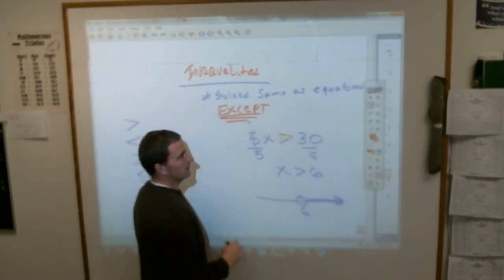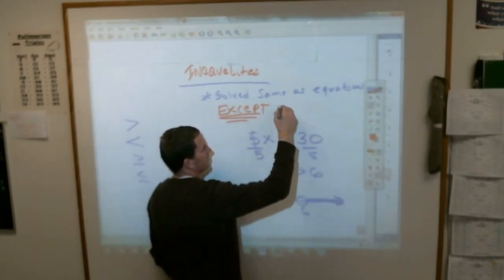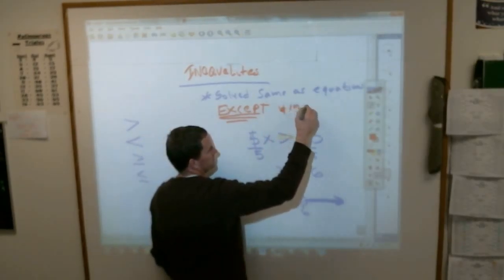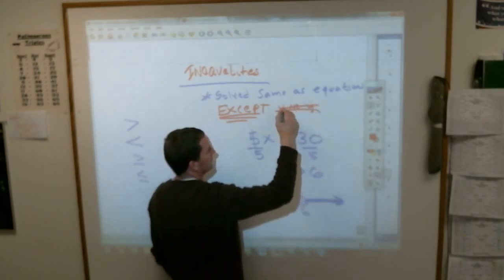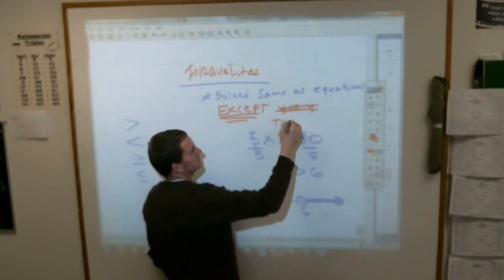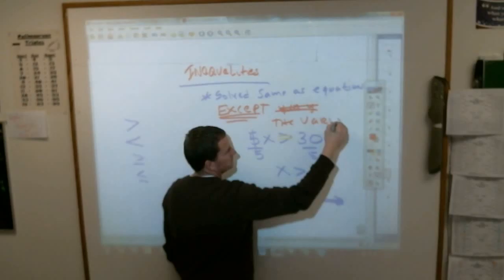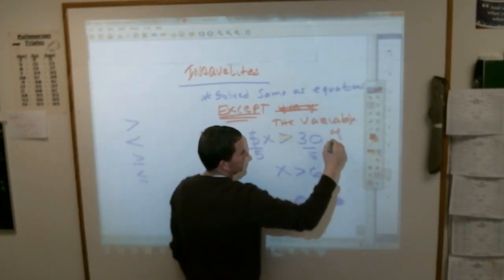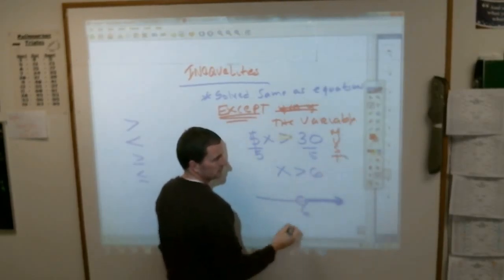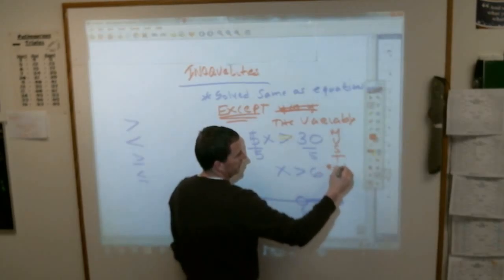in your answer, the variable must, M-U-S-T, end up on the left.